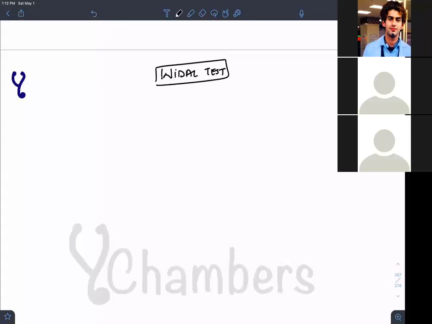See, in the Vidal test, the principle is that we are using some antigens. We are using O antigen and we are using H antigen.